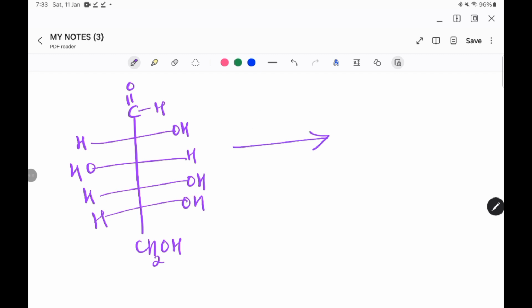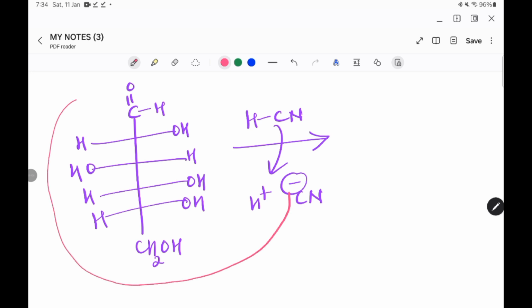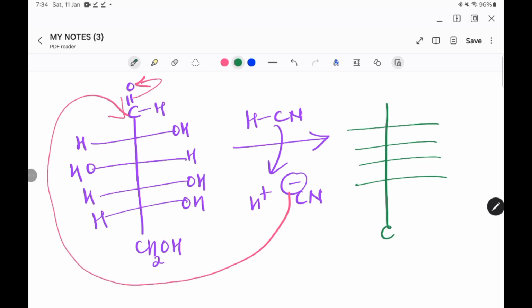So reacting this with hydrogen cyanide, what happens is the hydrogen cyanide is going to break down into H+ and CN-, and the CN- is going to attack the carbon atom, and this is the migration or delocalization of electrons which is taking place, and the whole structure will now get transformed like this.